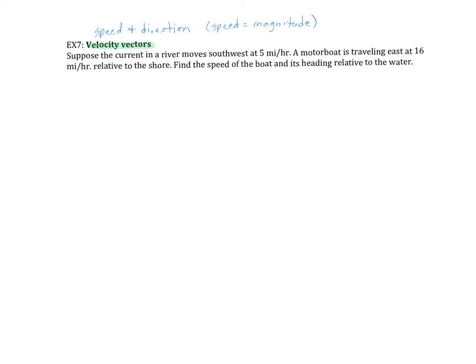So I think what I'm going to do is go ahead and draw myself a diagram. Because I'm given these directions, I'm going to use my coordinate system, and instead of labeling my axes X and Y, I'm going to use north, south, east, and west.